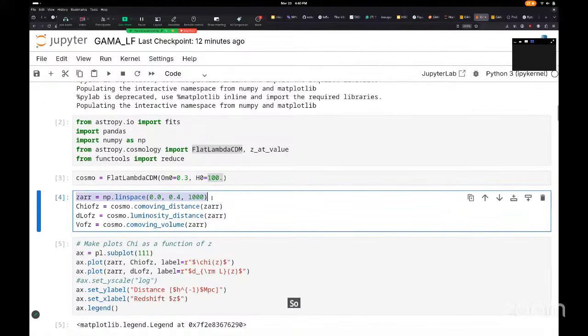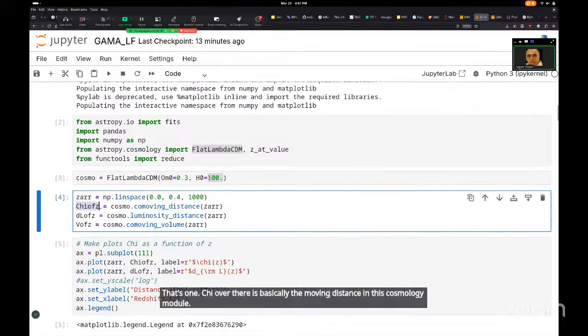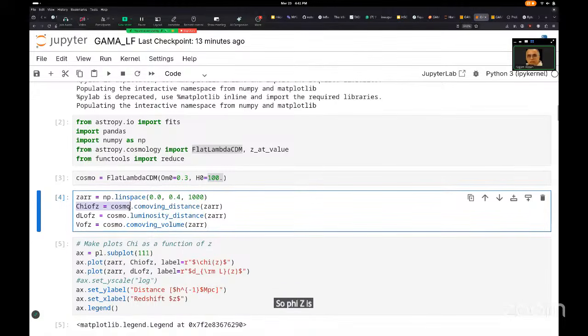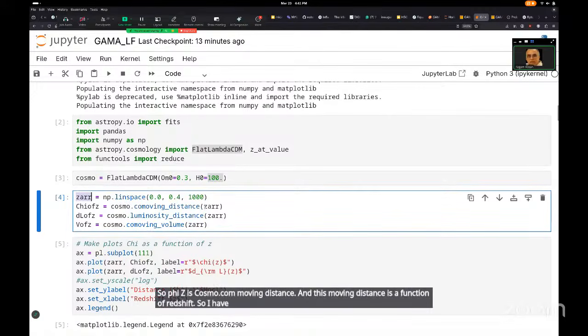So this creates an array starting from 0 to 0.4 with 1,000 bins. That's that line. Then chi of z is basically the comoving distance in this cosmology module. So chi of z is cosmo.comoving_distance, and this comoving distance is a function of redshift. So I have to pass the redshift. So I give the array, and it should give me back the distances.